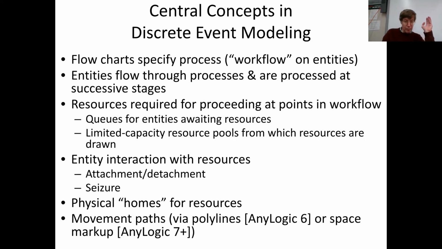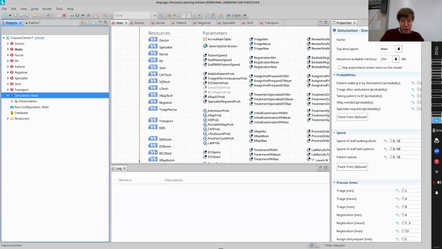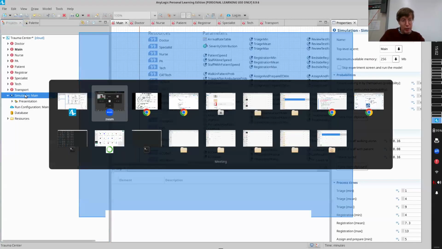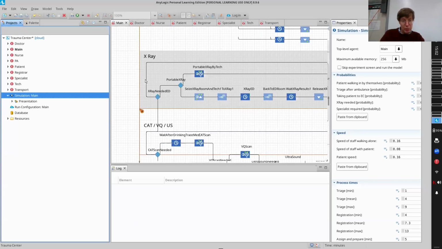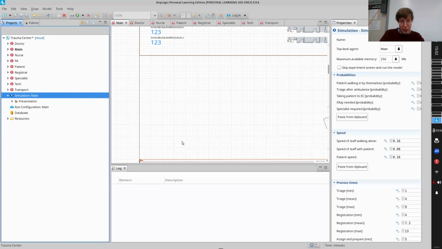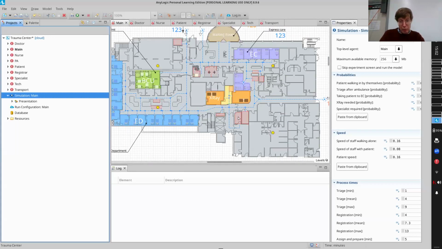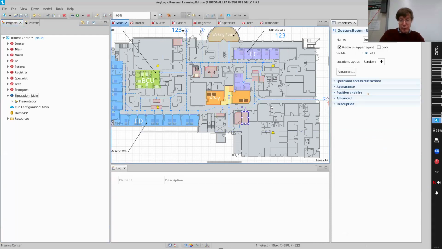Entities interact here with resources, seizing them for allocation of those resources, or attaching, detaching for moving physically together. There are physical homes for resources. So, for example, within that model that we saw, if we scroll up within this depiction, we may have a nurse's lounge in some areas of the facility.